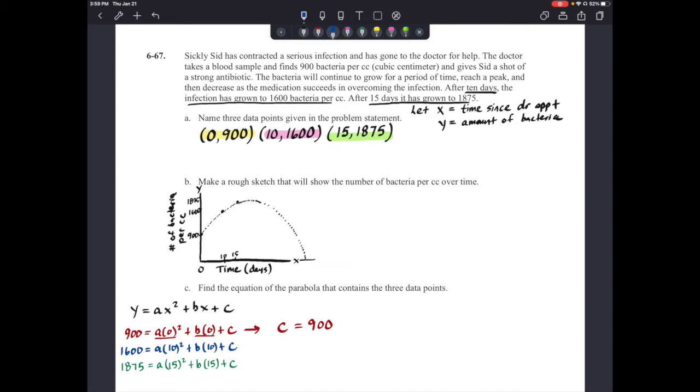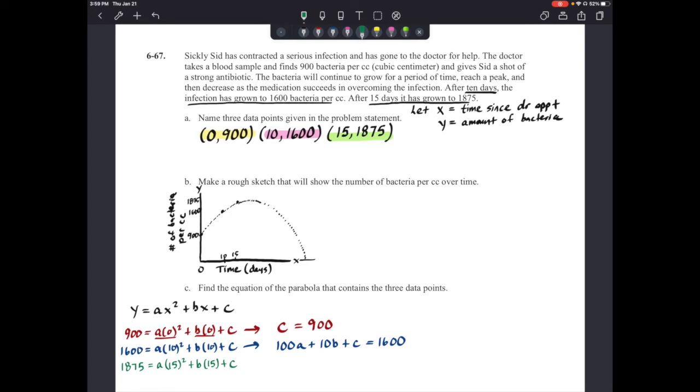Now let's go ahead and simplify the second one. So what we've got here is 10 squared, right, would be 100. So we have 100a plus 10b plus c should equal 1600.